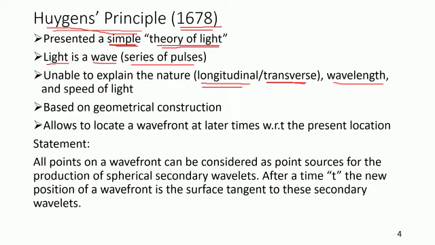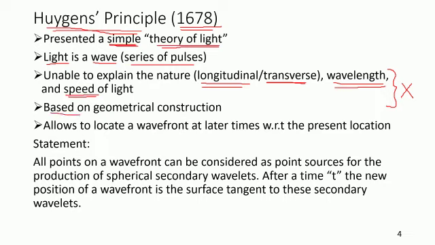Secondly, it doesn't tell us about the wavelength of light, and it has no information about the speed of light. All this information is missing. Remember, these are the basic things associated with any kind of wave. So we don't get any information of this kind from the Huygens theory.